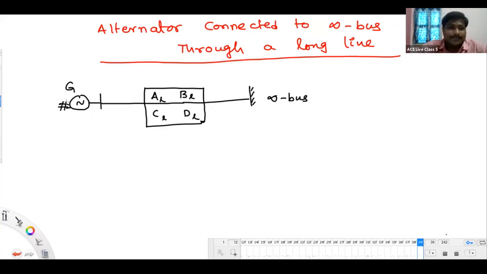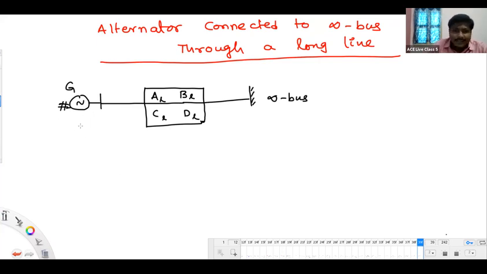Actually, this power generator will have some internal reactance. Yes or no? As we are doing steady state operation here, we have to take the steady state reactance for this machine definitely. Okay. Let me draw the per phase network of this.